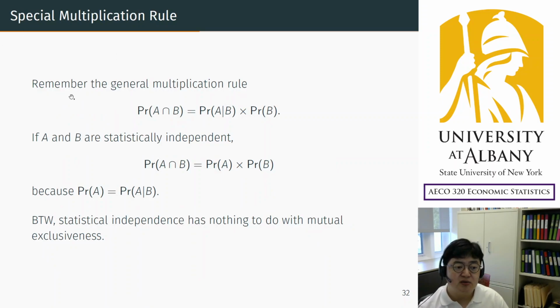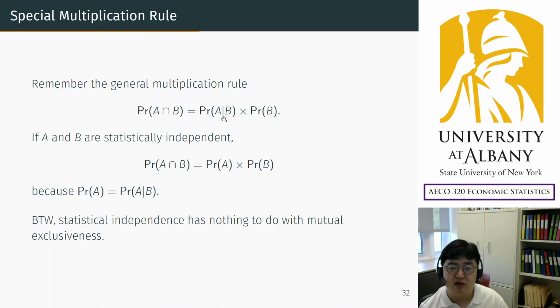Based on independence, we have the special multiplication rule. Remember, this was the general multiplication rule: the probability that A and B happen together equals the probability that B happens times the probability that A happens when B already happened. But you may replace this conditional probability with a simple unconditional probability when A and B are independent.